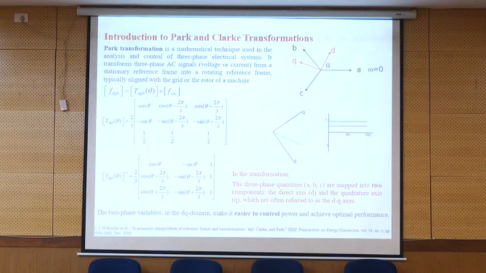What is the value of this? In a balanced system, VA plus VB plus VC is equal to 0, so it is equal to 0. This is why we convert to VD, VQ, and this V0 is equal to 0 in a balanced system.